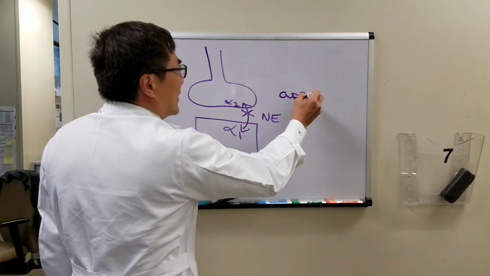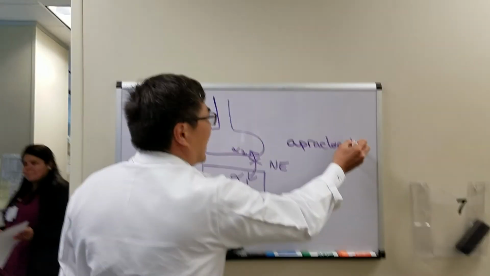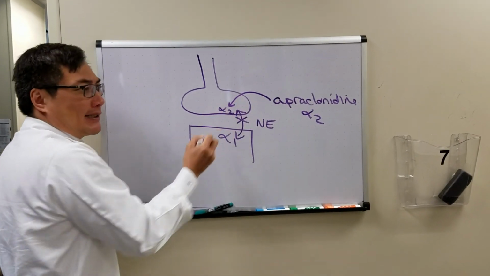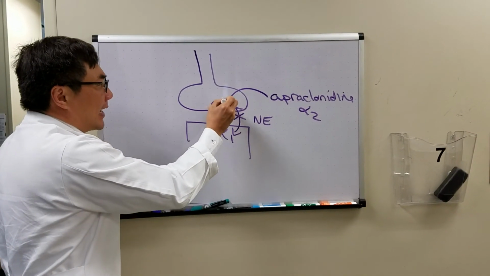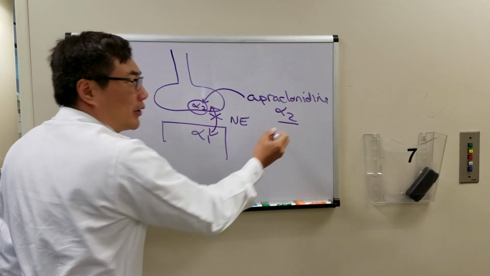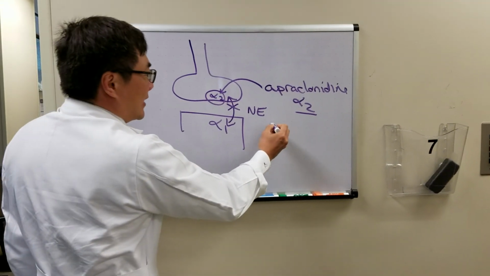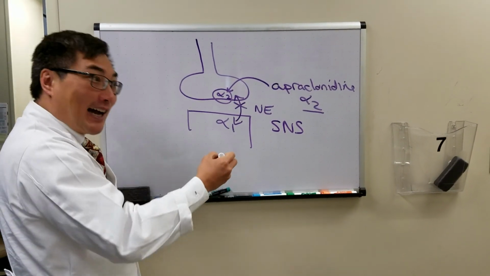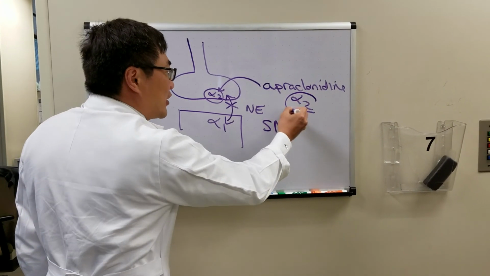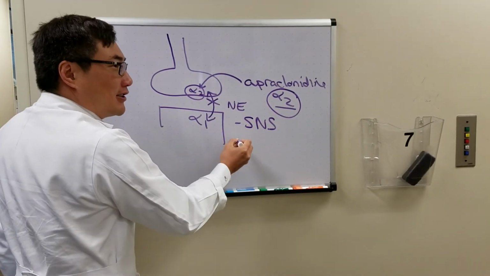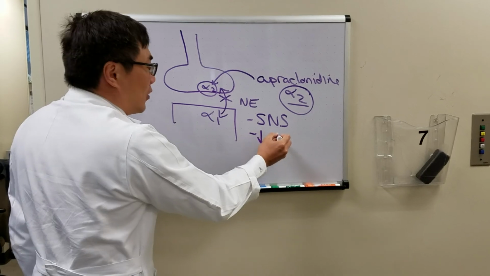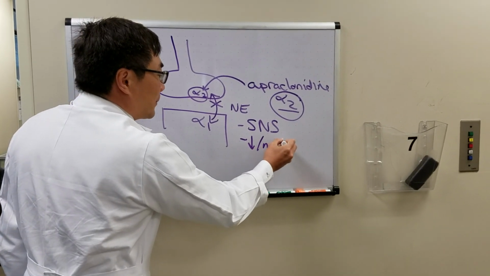Apraclonidine is preferentially an alpha-2 agent. And so when it binds to the presynaptic alpha-2, it actually causes the opposite of what you think it's going to cause. Even though it is a sympathomimetic, which should cause the pupil to dilate, because it is an alpha-2 agent, it actually causes the pupil, in a normal pupil, to either get slightly smaller or no change.